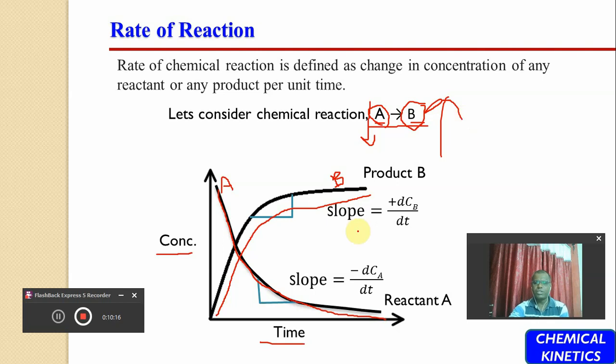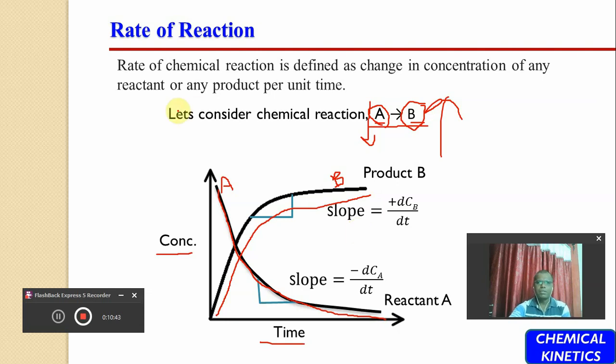And with this change in the concentration of reactant and product with the increase in time, we are able to define the rate of reaction. As time increases, the concentration of reactant decreases while the concentration of the product increases.